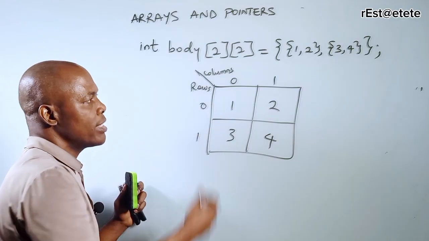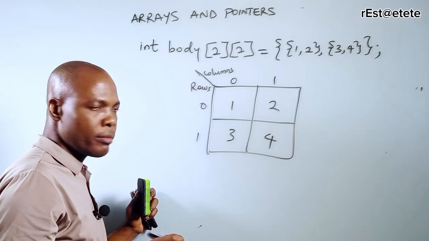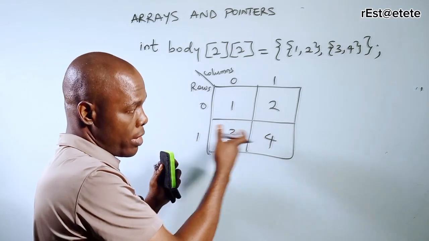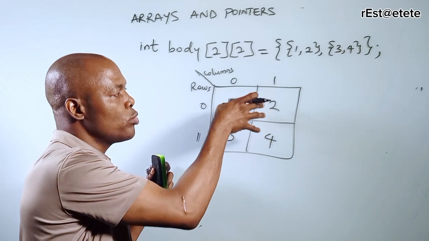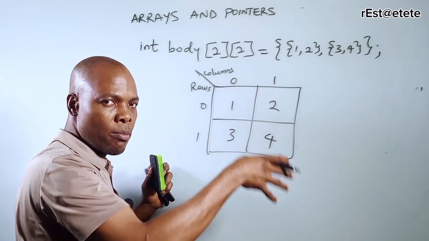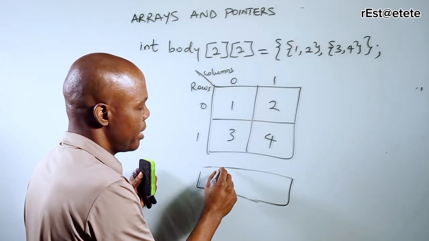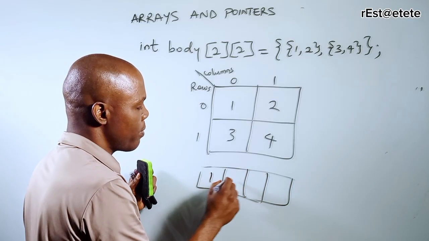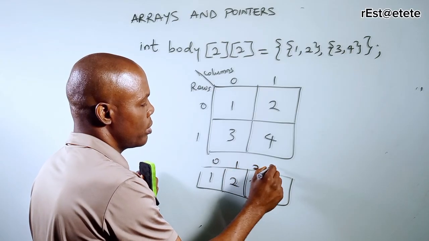Now, how do I access these values? So first, I have to use a pointer. So the moment I do this, of course, I've taught you this in my two-dimensional array class. So how do you now move this into a memory that is what? One-dimensional, which is what? A linear. Right? So you have 1, 2, 3, and then 4. 0, 1, 2, 3.